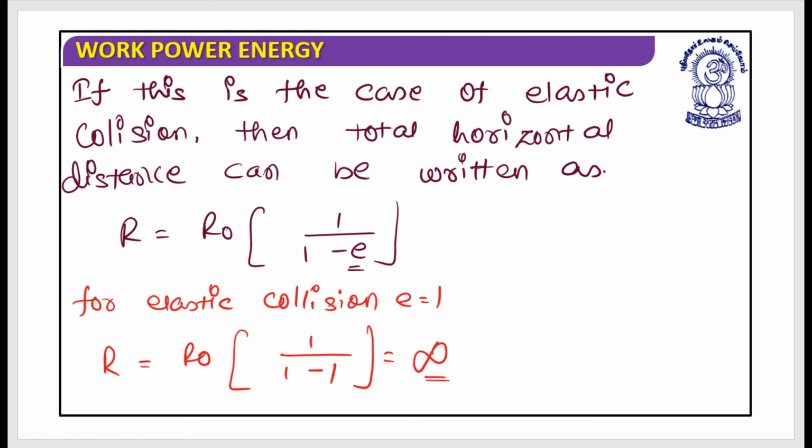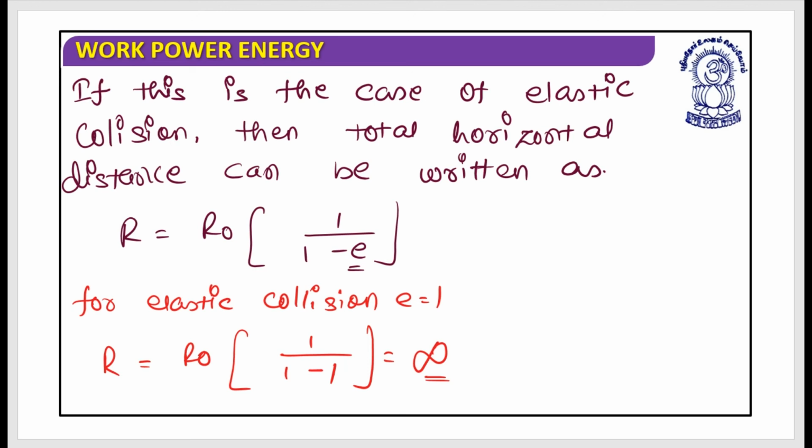Because there are no losses, this ball will keep moving. This is what Newton's first law is all about: if an object is moving with a certain velocity, then it will keep moving if no unbalanced external force is acting on it.